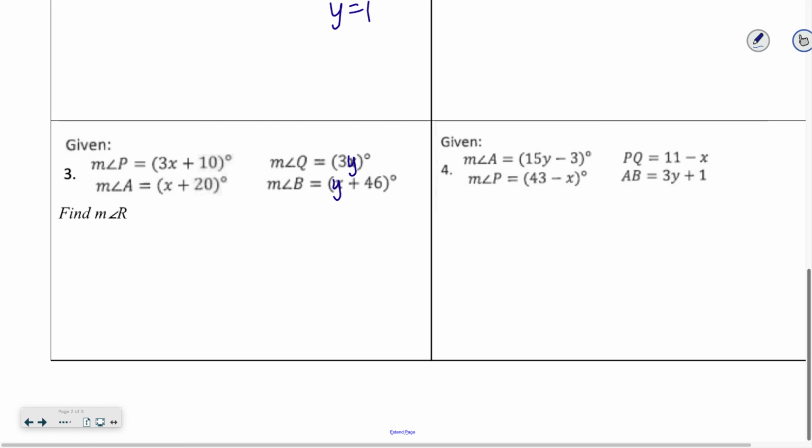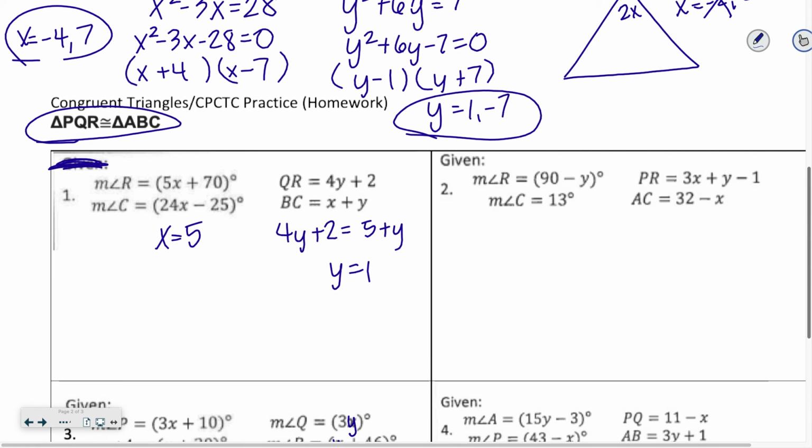Yes, number 4. 15y minus 3. If you don't remember how to do that, you might want to work number 4 before you leave and make sure you can remember how to set the problem up. It's not like elimination. You can eliminate or substitute, yes.